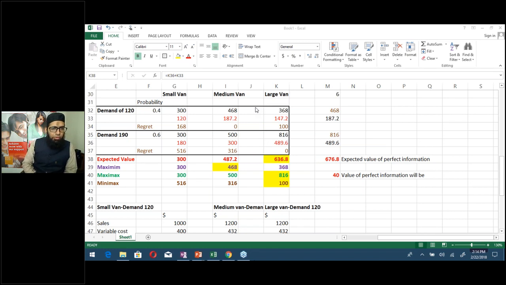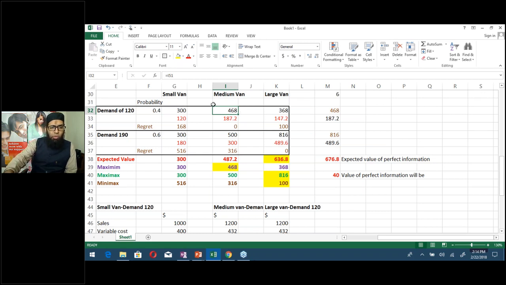How do you know that it is perfect information? Dear, $40 is not the perfect information, it is the value of the perfect information. The point is that if I am able to know with 100% certainty that my demand will be 120, then I would buy the medium one and my profit will be 468.